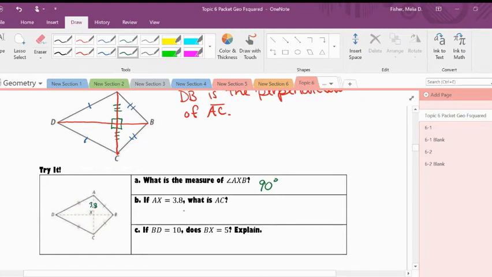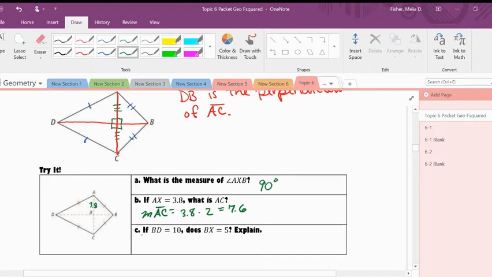The whole thing would be 3.8 times 2, which is 7.6. So the measure of AC is 7.6. That's the whole line.